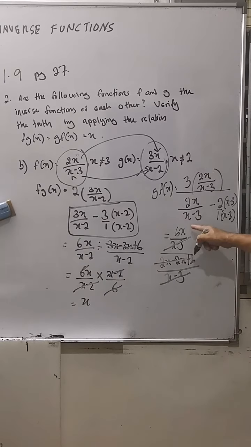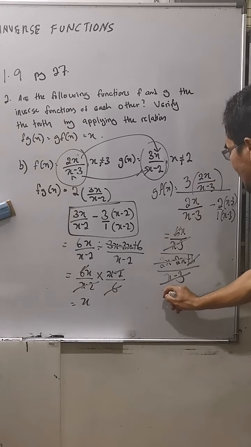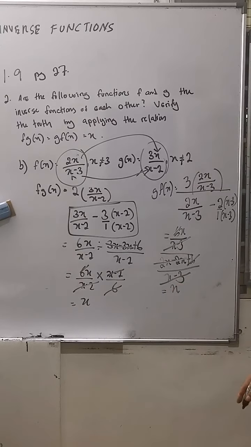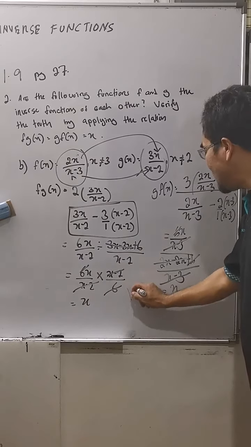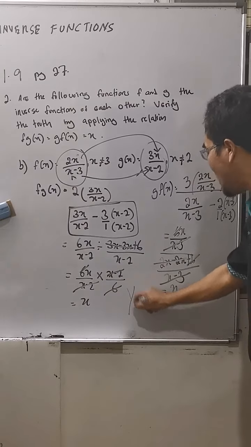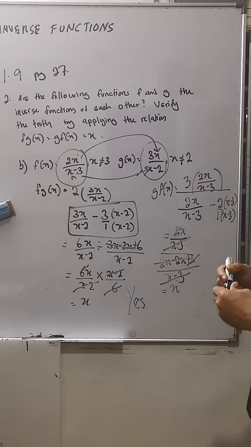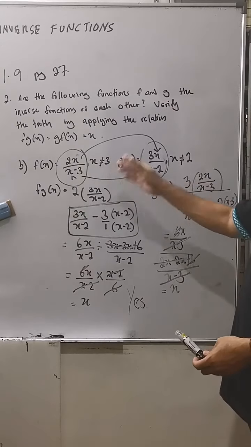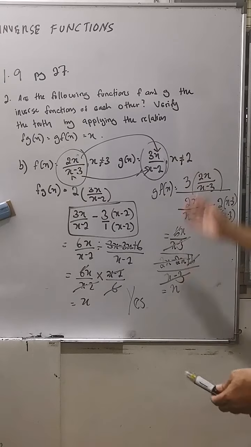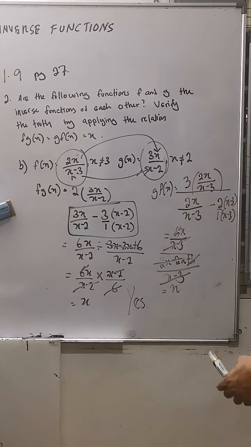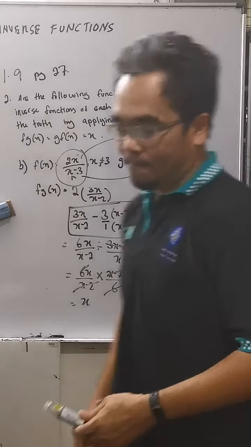So what we have, the first level and the third level, 6 with 6. So the answer is also x. So again, the answer for this one is yes. Yes to what? Yes to f(x) is the inverse of g(x), and g(x) is the inverse of f(x). Okay.